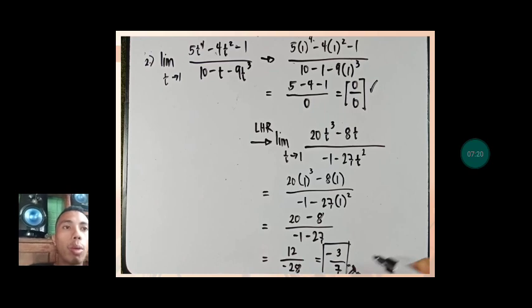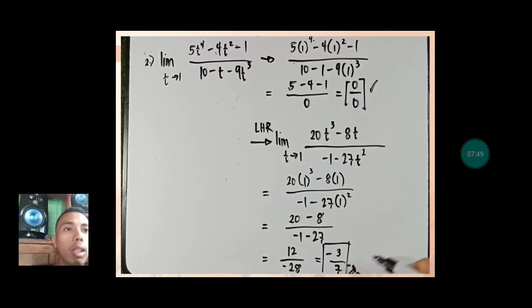So we have 20t to the power of 3 minus 8t, because 4 times 2 is 8, then minus 1 from the exponent, so that's t. And the derivative of a constant is just 0, so over minus 1 minus 27t squared.